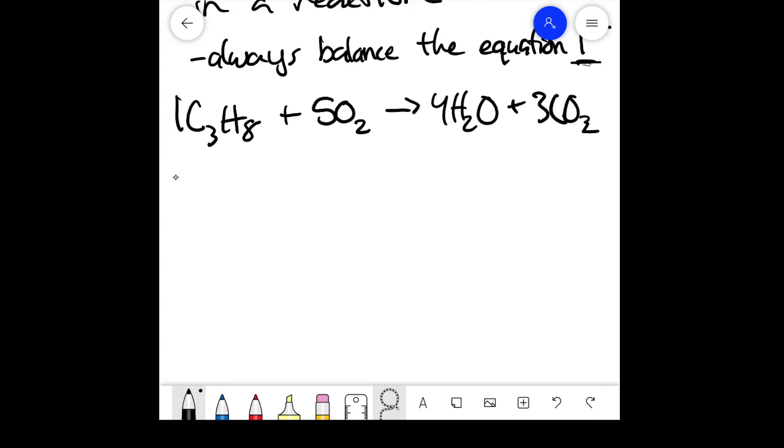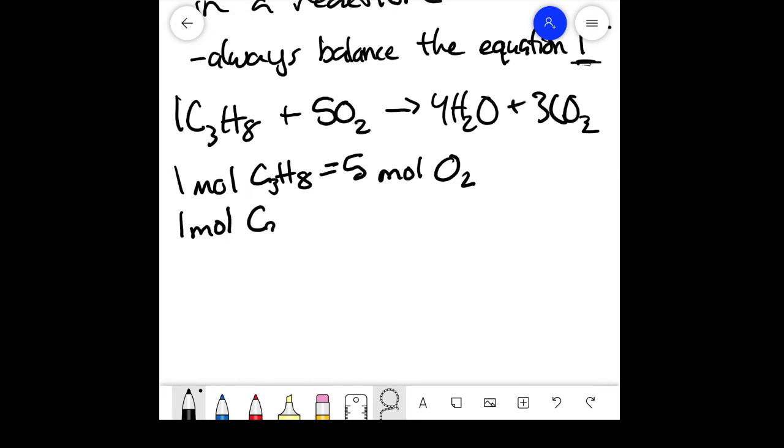So I can say I have 1 mole of C3H8, and that would equal 5 moles of O2. I can also say I have 1 mole of C3H8 and equals 3 carbon dioxides.